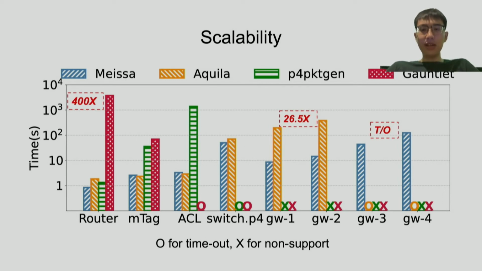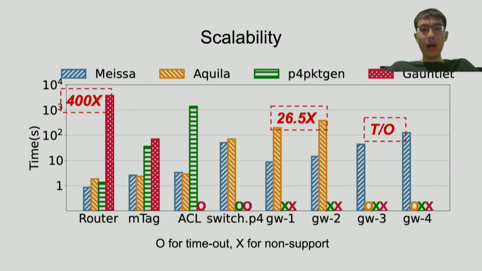P4 Packet Gen and Gauntlet do not support some functionalities in our production programs, so we only compare with Aquila on the last 4 production programs. On Gateway 1 and Gateway 2, Meissa is up to 26.5 times faster than Aquila. On Gateway 3 and Gateway 4, other techniques cannot finish in the 1 hour time budget.